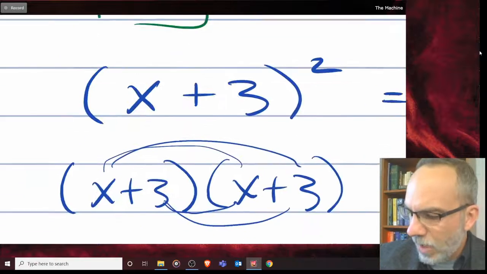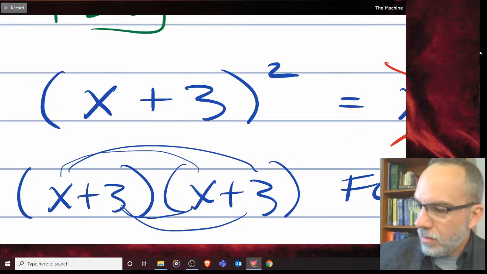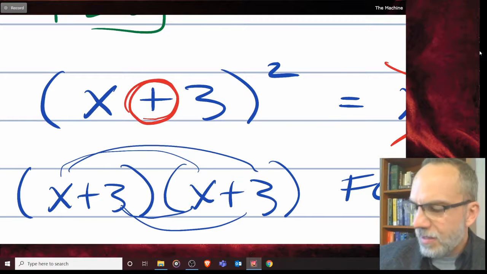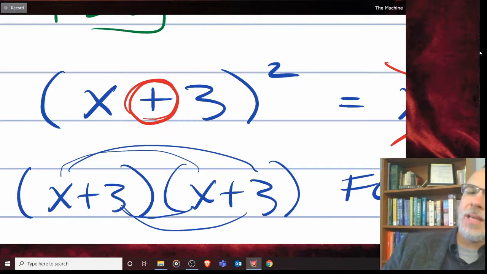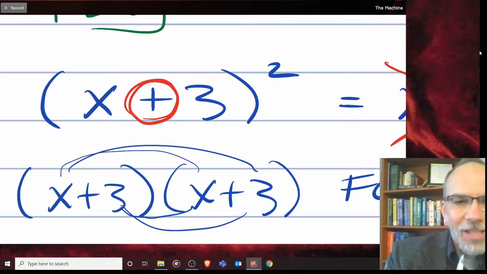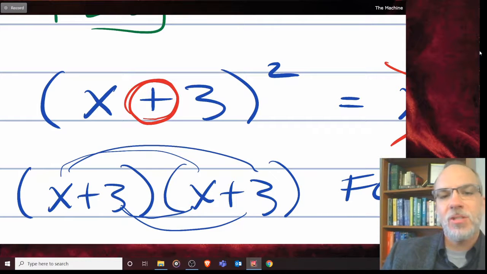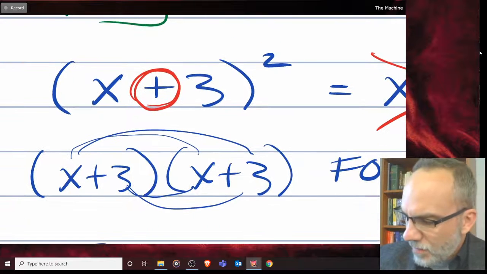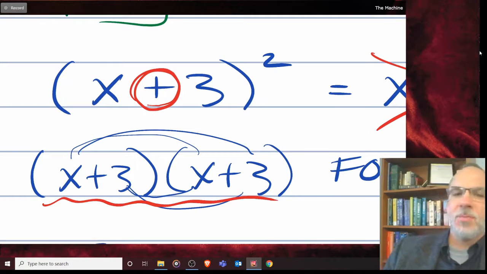And that's what the problem is here on this one. An exponent does not mean repeated addition. It means repeated multiplication. So unless that's multiplication in there, which it isn't, you can't just simply square each piece. Okay, this is a binomial. This is 2 terms. And so it's different. But if you write it out as repeated multiplication, you should always be able to see what it is.